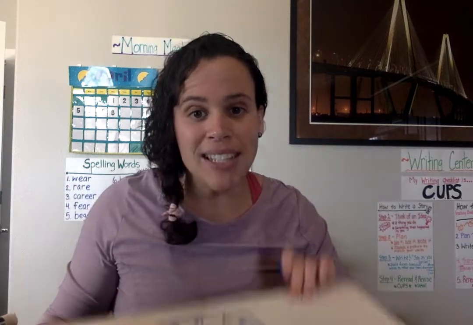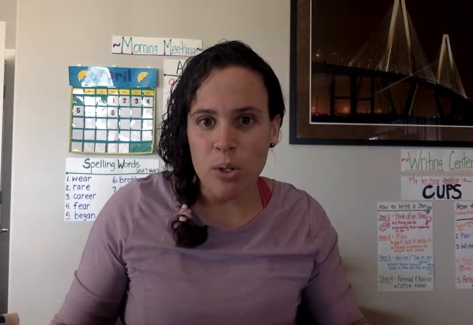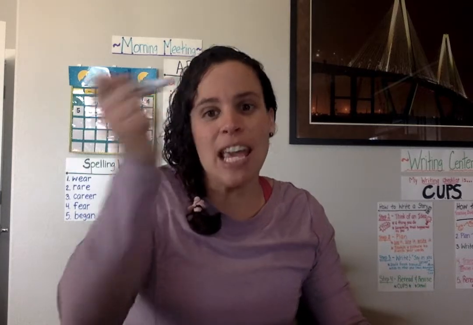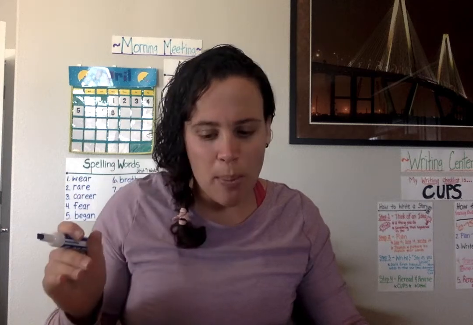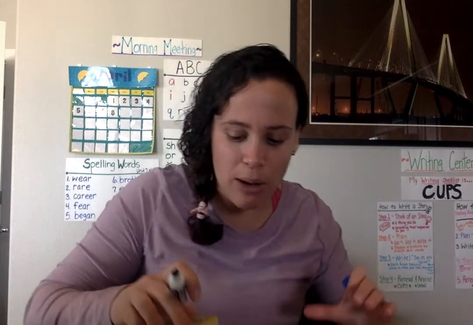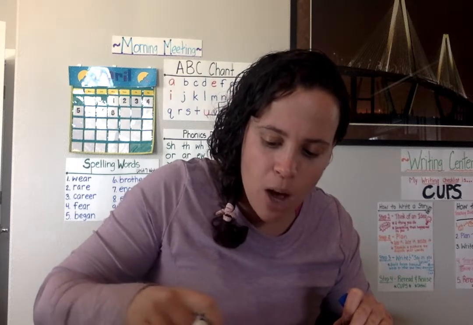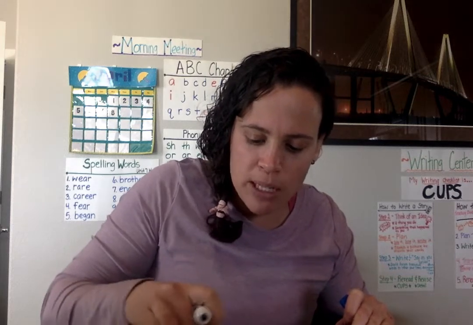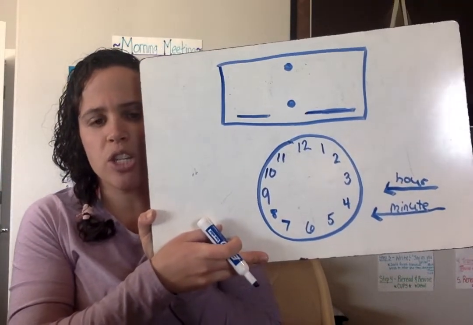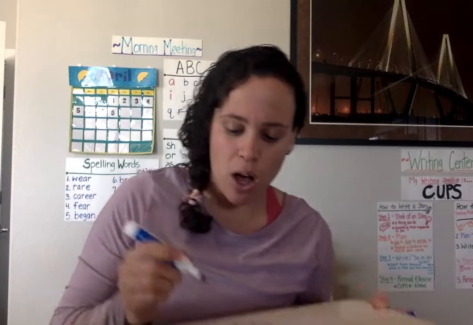So if you don't have a slate, but you have an exposed window, as long as you have a dry erase marker, it will work on your window, and then you can wipe it off as well. Ask first. Don't just assume that you are allowed to do that. Okay, so make sure you have your materials ready to go. Like I said, even on paper or your whiteboard, you can do your digital clock and analog clock.